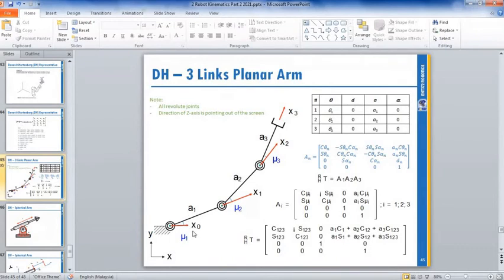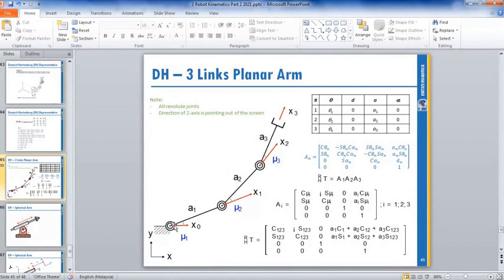Because in the middle, from the top view is Z. So you only can see X and Y. For example, this planar robot is something like your SCARA robot. SCARA because the vertical is Z. So your robot only moves X and Y.